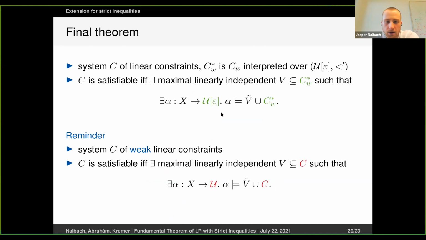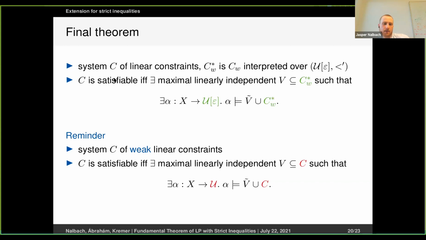Well, what are the differences? Now we interpret our relaxed version, the transformed version of the system C, with this special semantics for epsilon, and that's basically it.